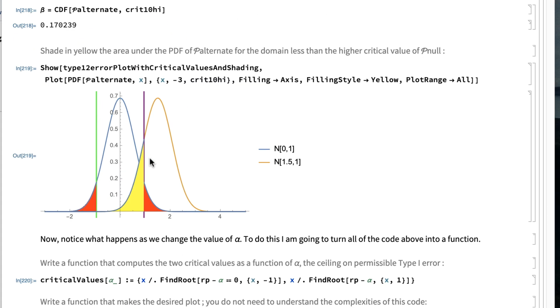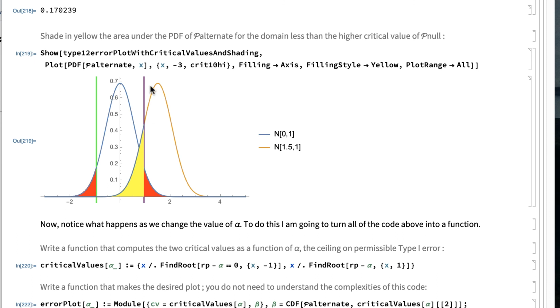That is, supposing the alternate hypothesis were true. By setting the critical value at this purple line, anytime I got a statistic to the left of the critical line, I would be accepting the null hypothesis even though it's false. I've colored that area yellow.